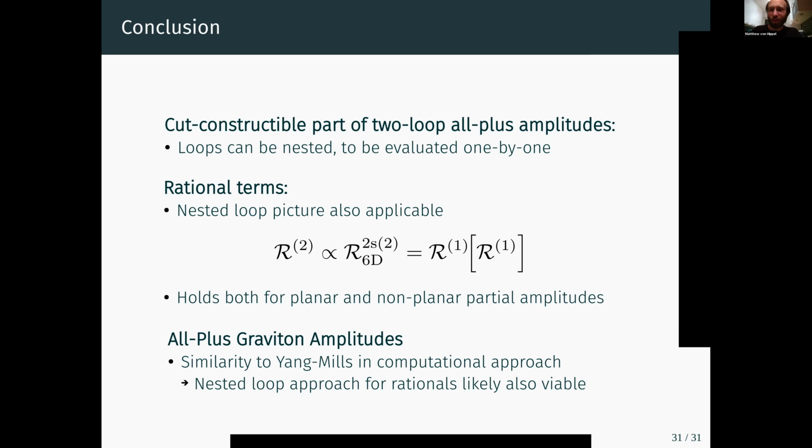All right. Question from Zvi. Yeah, so that formula you have on the screen right now is reminiscent of the supersymmetry Ward identities. They're harder to use at 2 loops, but have you thought about understanding the structure of these rational pieces?